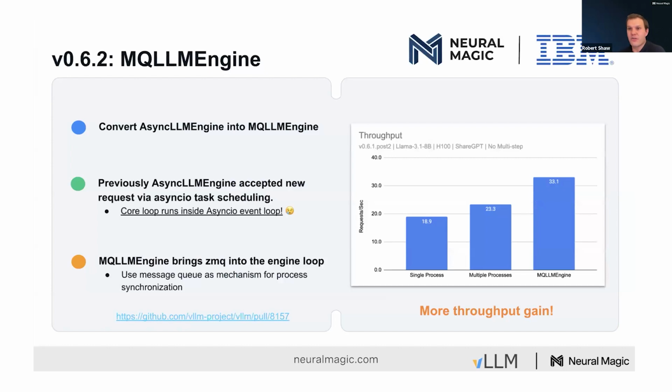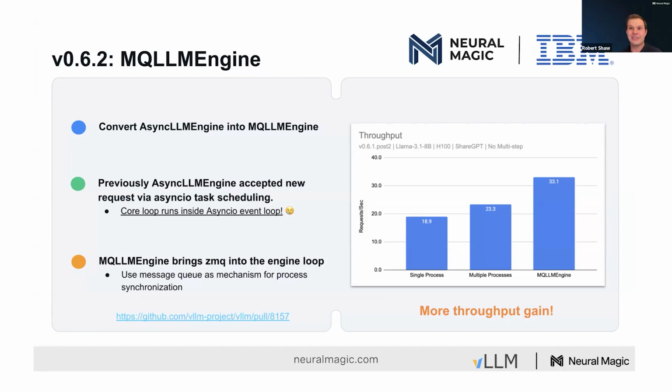In terms of looking forward, we're continuing to optimize and to push on some of the techniques that I talked about. One technique that Neural Magic and IBM have been working on together is to bring ZeroMQ closer into the core loop of vLLM. Right now, the async LLM engine uses asyncio internally to manage concurrency, which is challenging because the core inner loop of vLLM is running inside of the asyncio event loop.